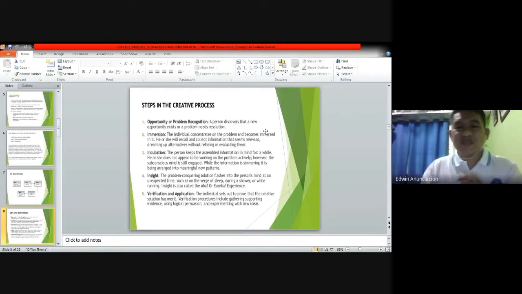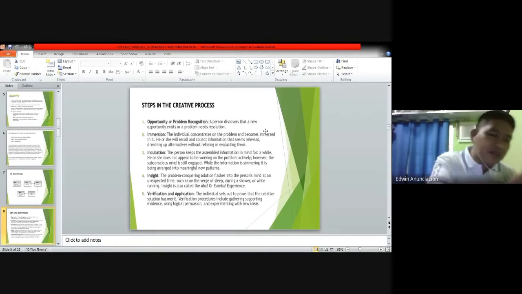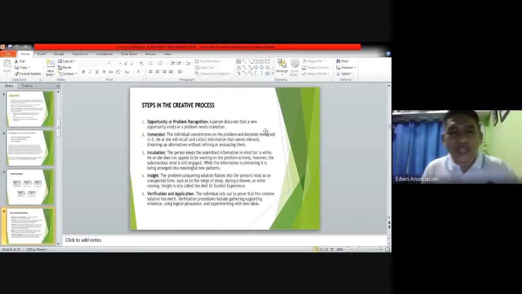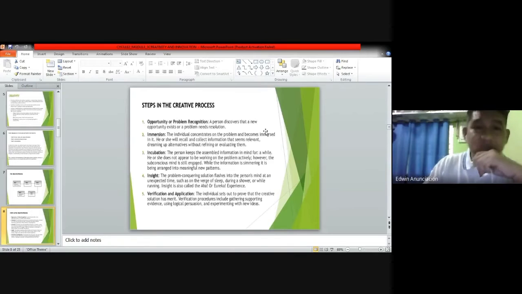Kasi sa pag-immerse mo, nakakakuha ka ng ideas at informations, and then nare-recall mo yung mga past ideas at saka yung mga bagong collect na ideas, pinagsasama yan. So, nagkakaroon ka ngayon ng alternatives on how to deal with the problem that was recognized in the previous process.